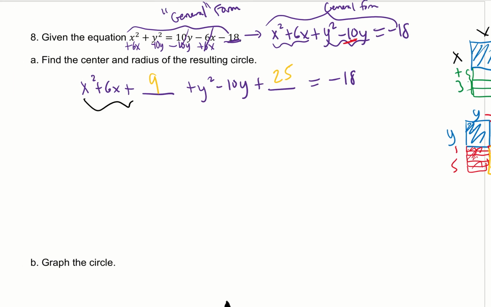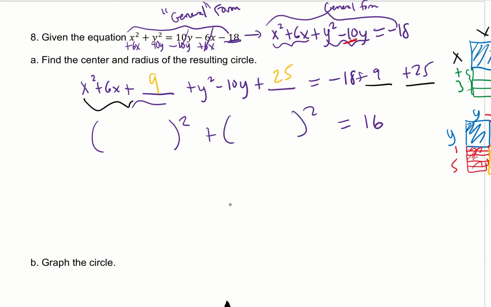So now since we added 9 and 25 on one side, we need to do it on the other side. So we'll have to add it here as well. On the right-hand side, if I add that, I get 34 minus 18, which is 16. Now I have to take this trinomial, which means 3 terms, and convert it to a perfect square, a binomial of 2 terms, x plus or minus something.